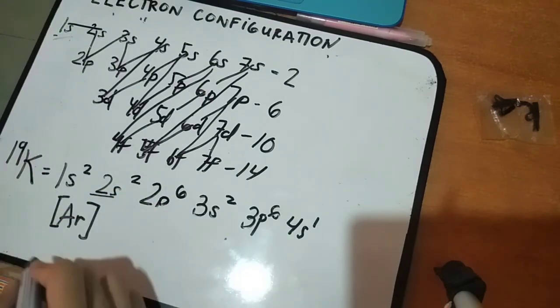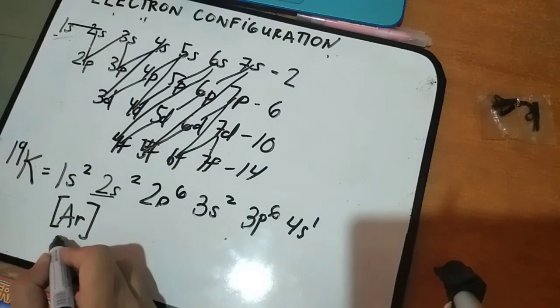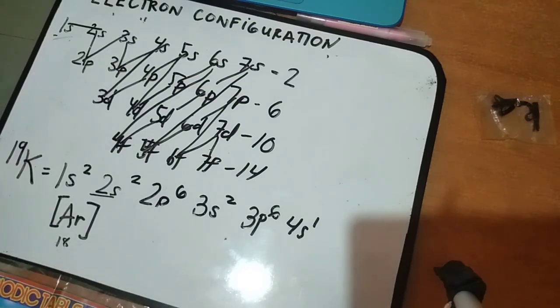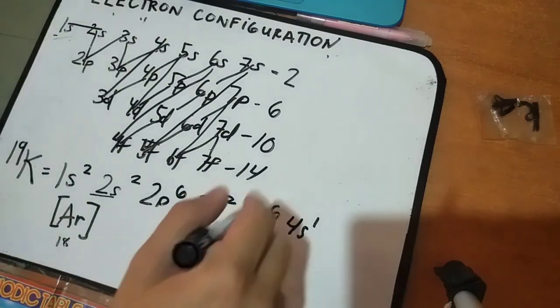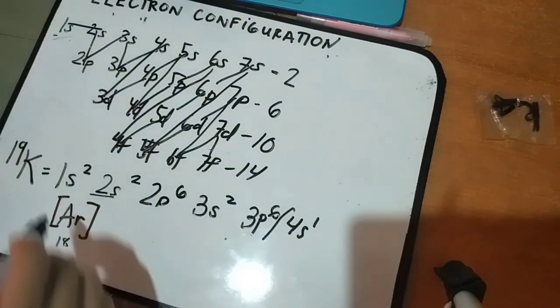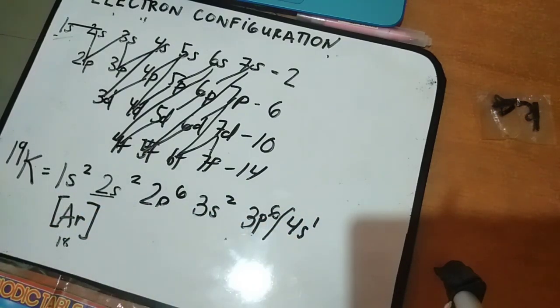So, practically, your argon, the atomic number is 18. So, ito yun, yung 3p6. Diba? Yan. So, ano na lang ang kailangan natin isulat?